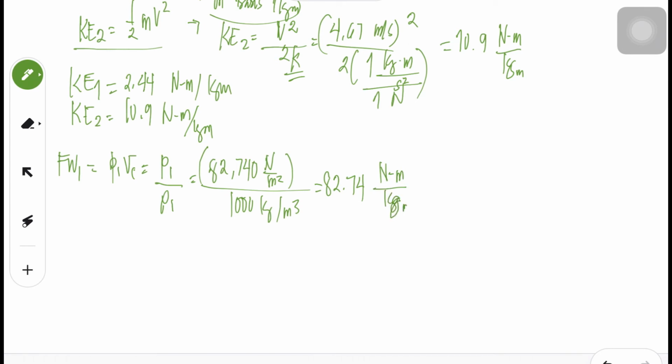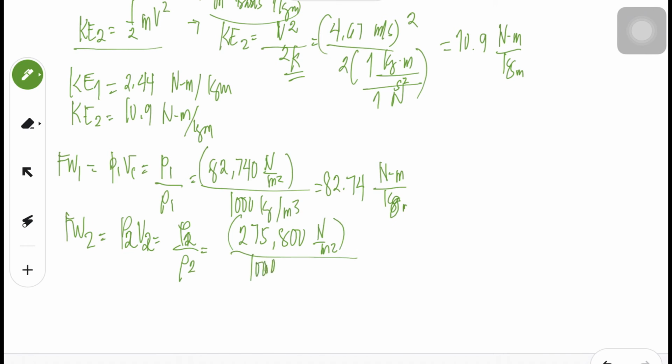Okay? And the flow work at point 2, on the basis of 1 kilogram, pressure 2 over density 2, which is equal to density at point 1. So given sa problem yung pressure at point 2, 275,800 Pascal divided by the 1,000, which is the density of the water.